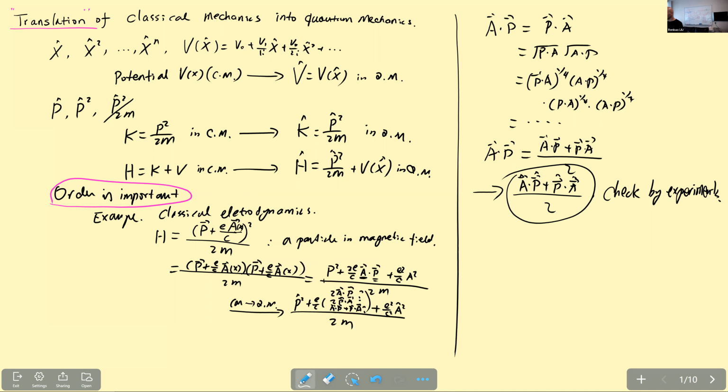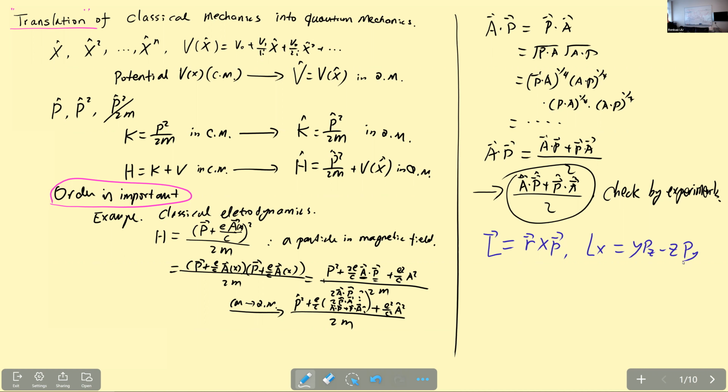And then an important combination is the angular momentum. In classical mechanics, we know that this is just the position cross the momentum, okay? And you know that fortunately, all of these terms, for example, Lx equals y pz minus z py.